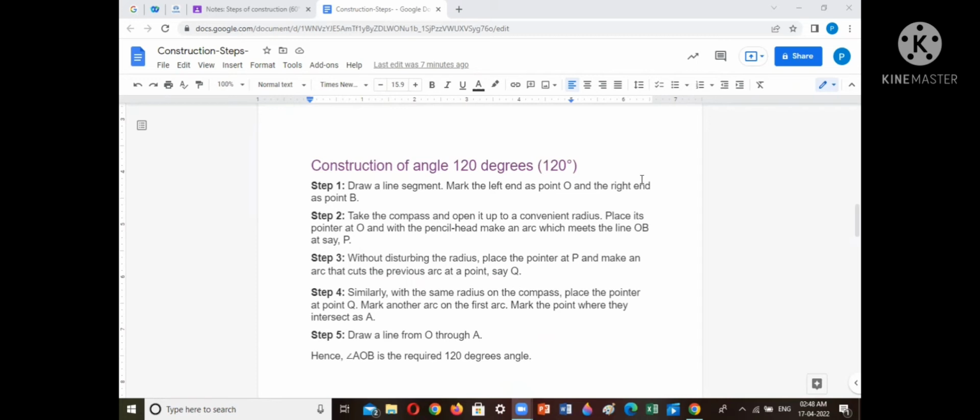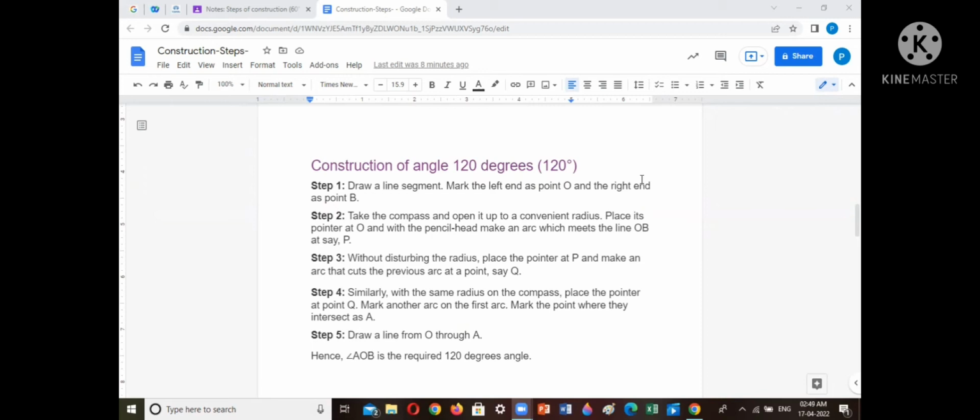Firstly, I'll tell it in short: first we make the 60-degree angle, and going on to the second last step of making another arc on the very first arc, we name that as point A. After naming that as point A, we open our compass again to a convenient radius and keep the pointer of the compass on the point A and make one more arc on the very first arc.